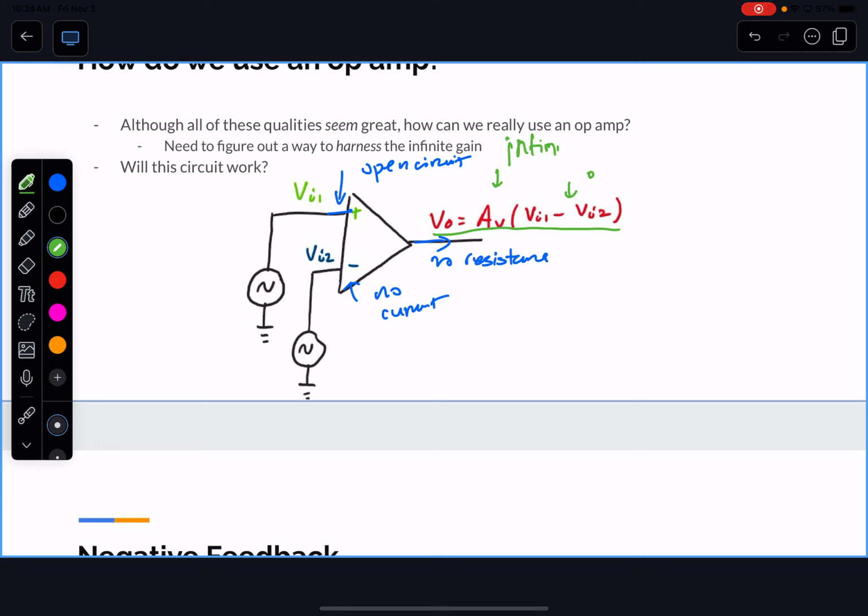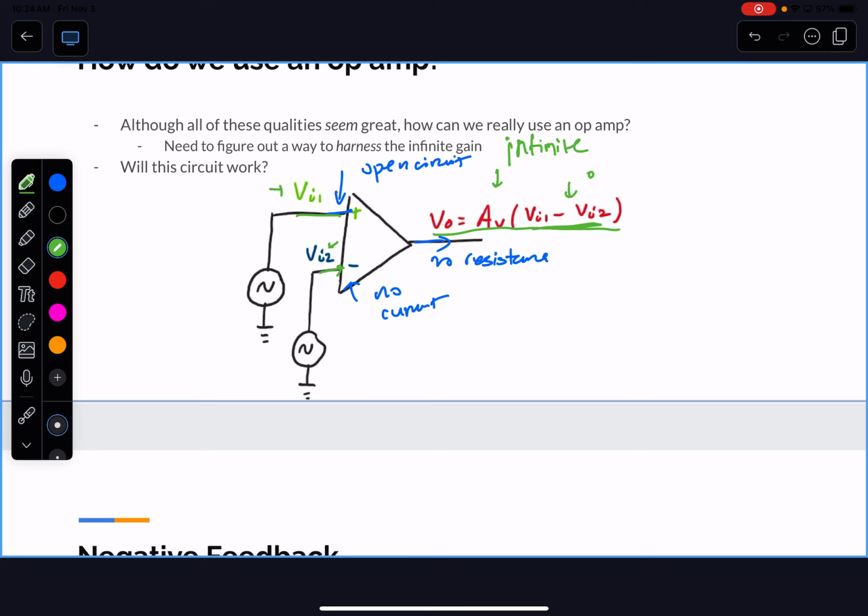So that's why I talked about earlier, amplification can be infinite, because for VI1 and VI2, we make these two terminals the same. So whichever voltage gets fed into VI1, VI2 has to be the same thing. They have to equal each other.